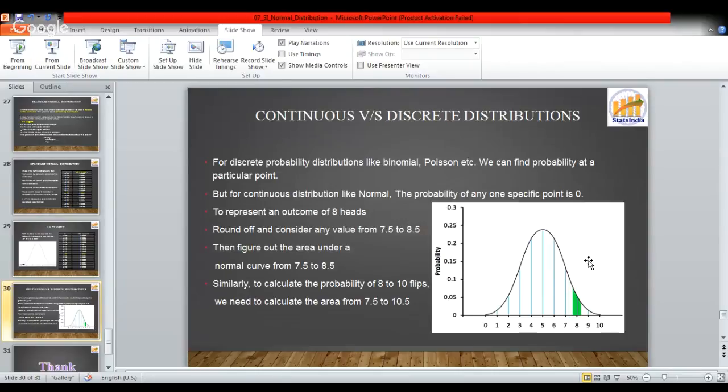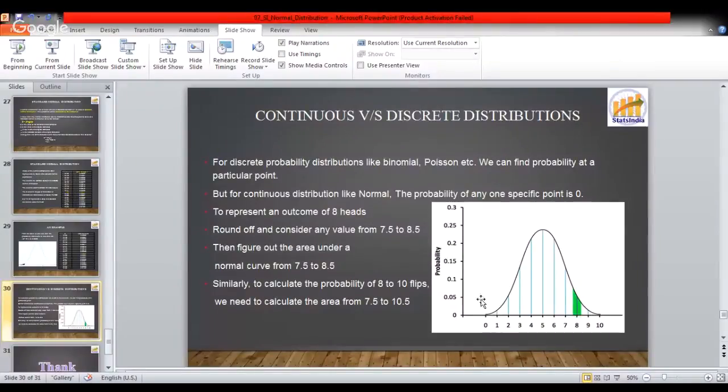It gives us a range. So to overcome this problem, suppose we want to find the probability that the outcome is 8 heads. Then we find the range 7.5 to 8.5, subtract 7.5 from 8.5, and that range will give us the area or the probability of getting 8 heads.